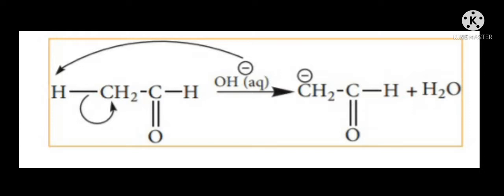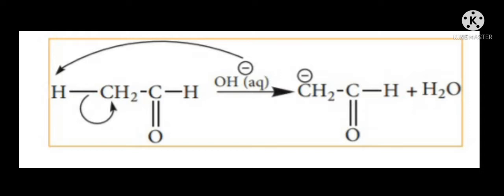Here, CH3CHO is acetaldehyde. In this CH3CHO, the functional group is aldehyde, that is CHO. The carbon next to the aldehyde group is called alpha carbon. The hydrogen present in the alpha carbon is said to be alpha hydrogen. Hence, OH minus takes alpha hydrogen and forms carbanion.